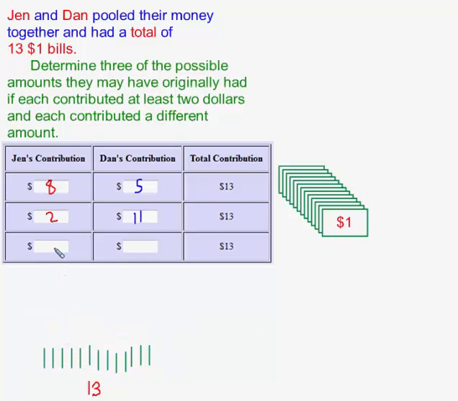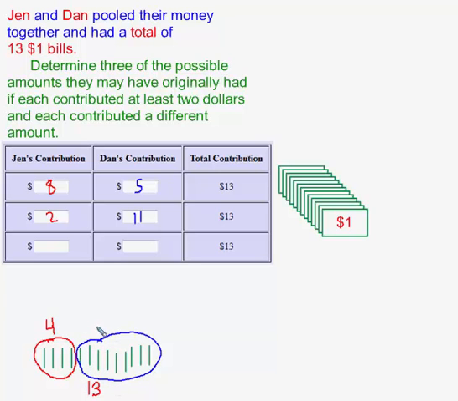We do have to come up with a third way, so this time I won't circle 8 or 2. I have to pick a different number, but it has to be at least $2. So let's suppose I pick $4 this time and say that Jen gave $4. Then that means that Dan must have contributed the remaining amount. And again, you can do this by simply adding, because 4 plus this number has to give me the total of 13.